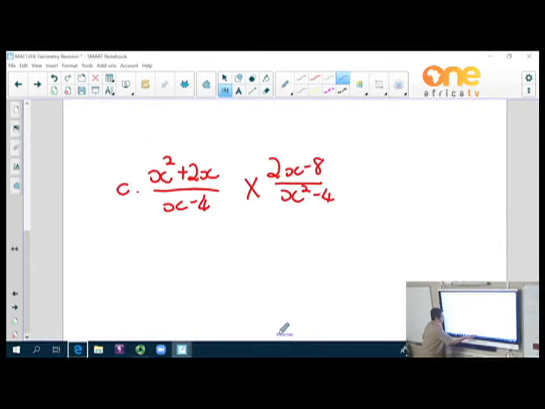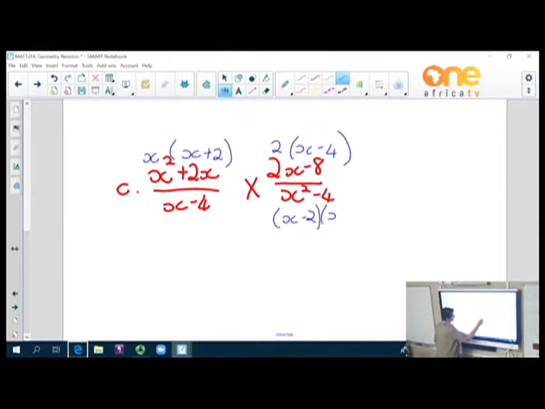So here we have number C, and again I need to factorize. This is the highest common factor, so we take out x plus 2. This is also the highest common factor, so you take out 2x minus 4. This is the difference between squares, so it's x minus 2, x plus 2.